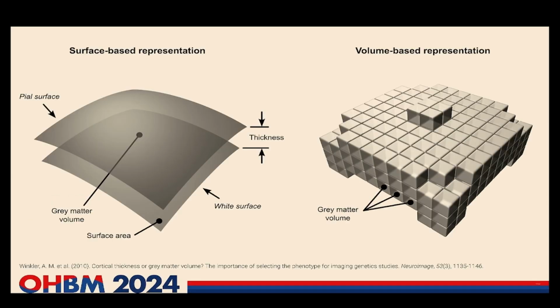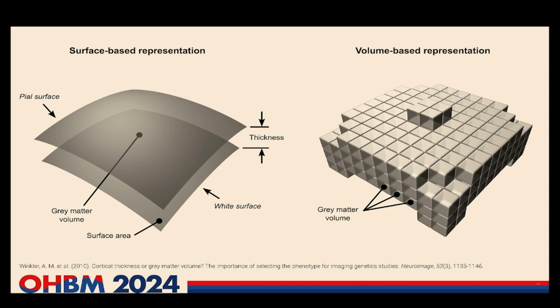The first thing I want to start off with is imagining what a volume-based representation of the cortex would look like versus a surface-based representation. The smallest element of a volumetric image is known as a voxel, and if we're looking at a patch of cortex, it's made up of many, many voxels, and we can calculate the volume of that area.